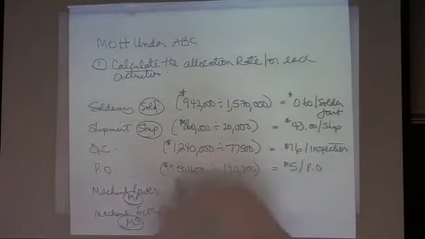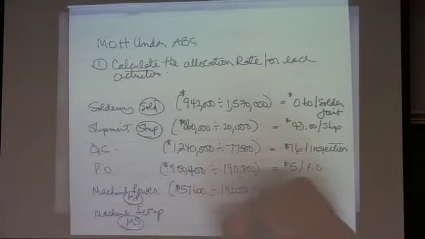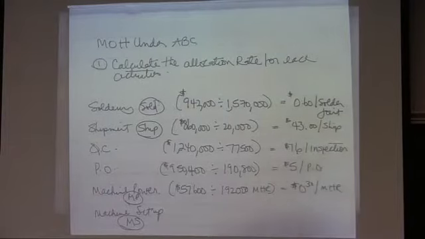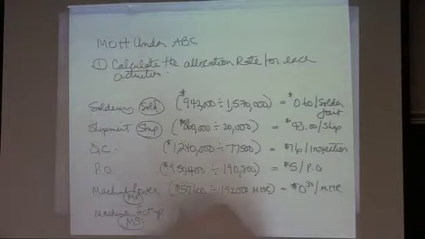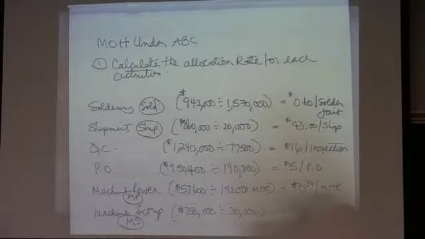Okay, so let's finish this. I've got 57,600 divided by 192,000 machine hours. Gives me 30 cents per machine hour. And this one is 750 divided by 30,000 setups, gives me $25 per setup.